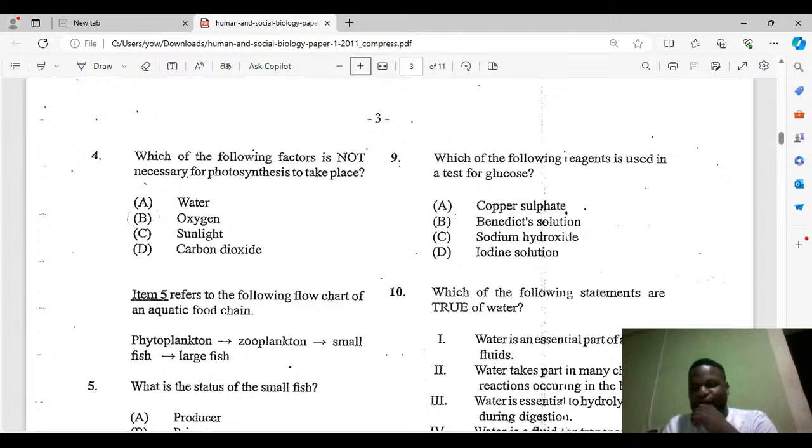What about copper sulfate? What is copper sulfate used to test for?